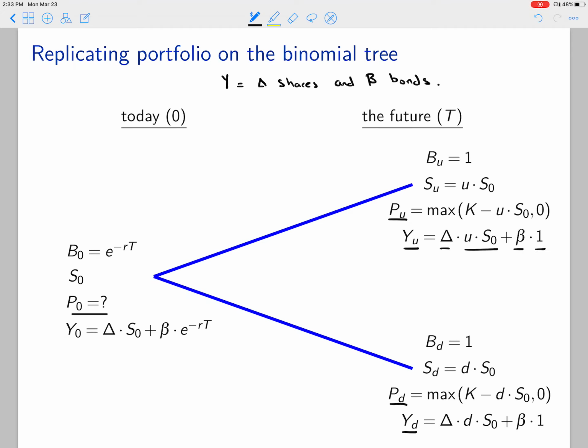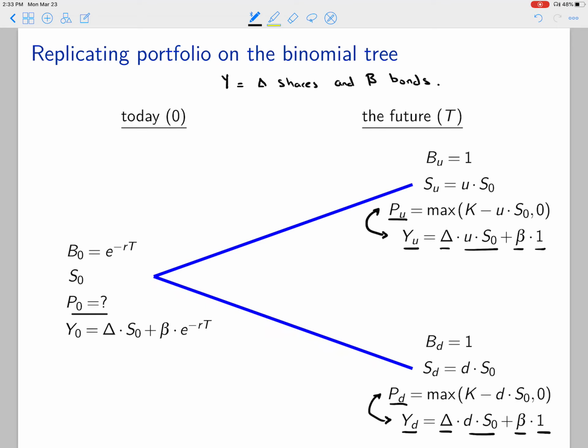The payoff in the down state is delta times S sub D, plus beta times 1. We want to choose delta and beta such that P sub D and Y sub D are equal, and P sub U and Y sub U are equal as well.